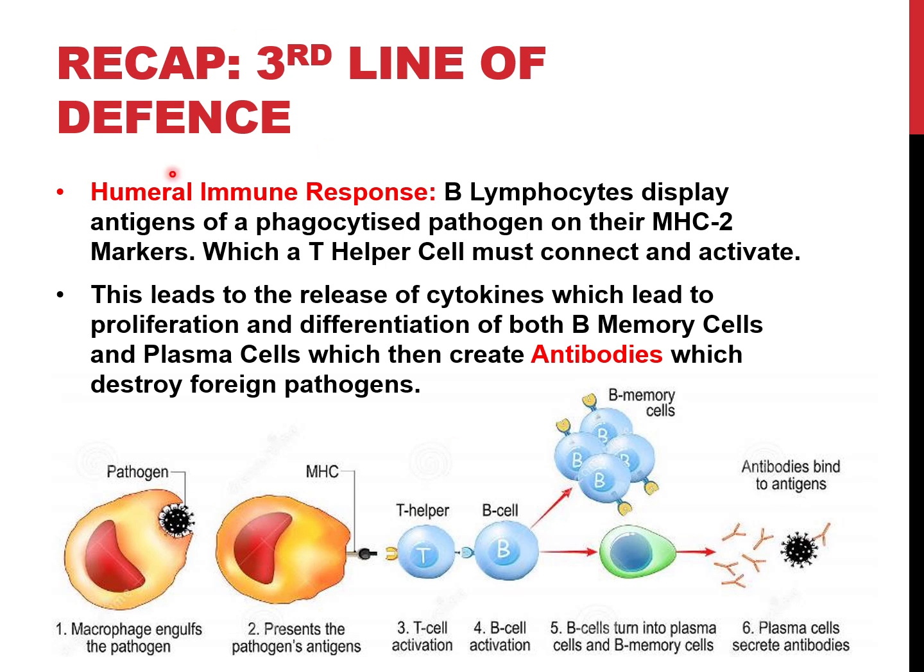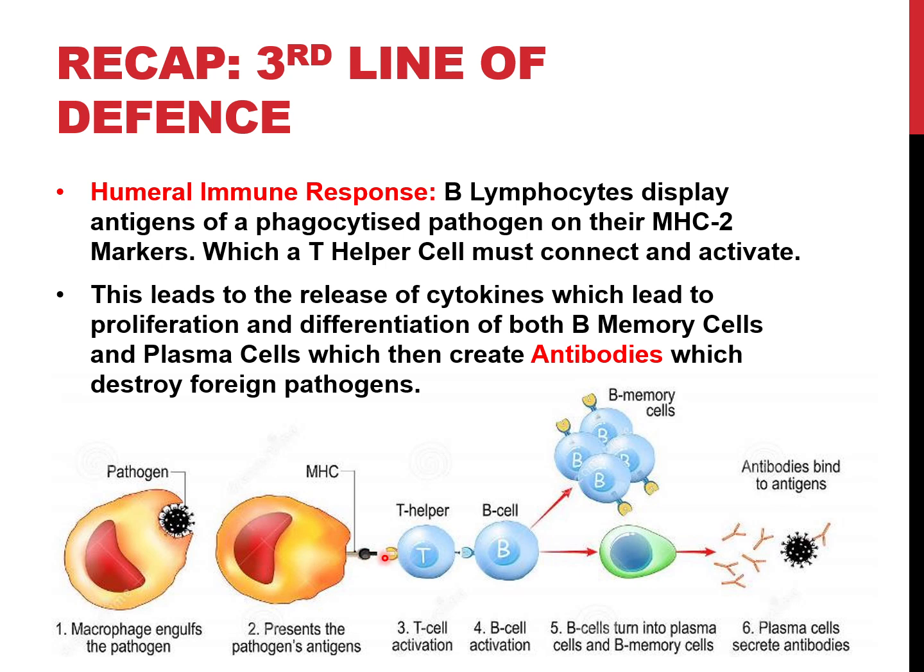The humoral immune response we looked at as well, which works simultaneously at the same time as the other immune response. Okay, so keep that in mind. So cell-mediated and humoral work together. B lymphocytes in this case are the APC, and they display the antigens of the pathogen. In this case, it can be any type of pathogen. And of course, then you get the T helper cell coming together.